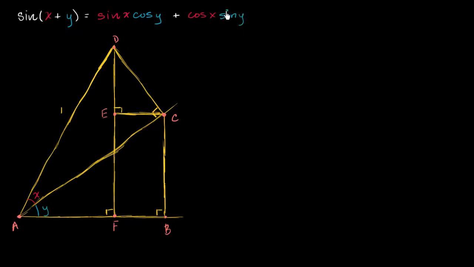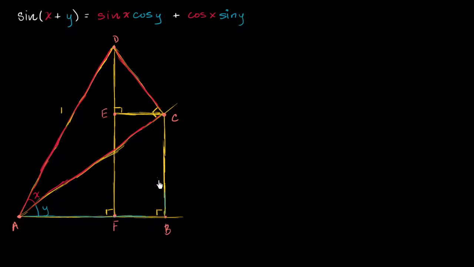And the way I'm going to do it is with this diagram right over here that you can view as having this red right triangle. It has a hypotenuse of 1. You could say this triangle ADC is stacked on top of triangle ABC. I'll outline it in blue since I already labeled the measure of this angle as being y.